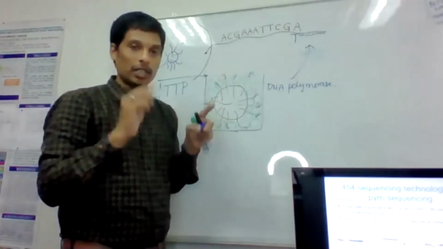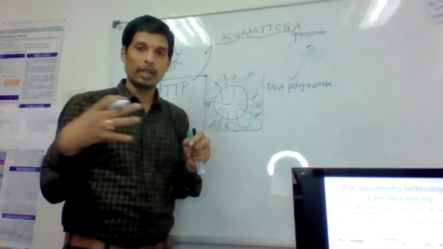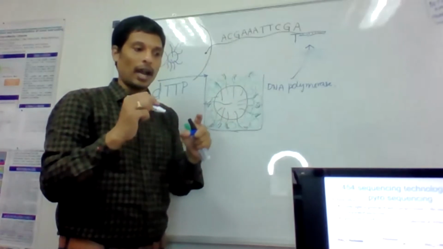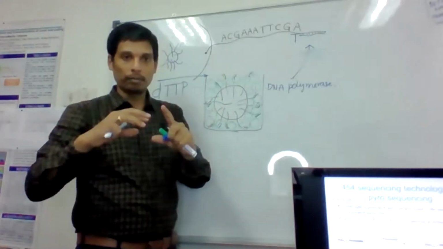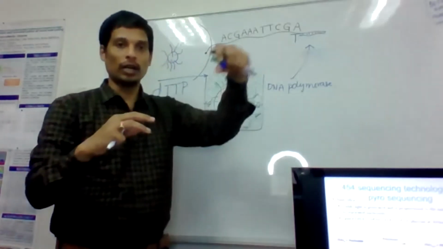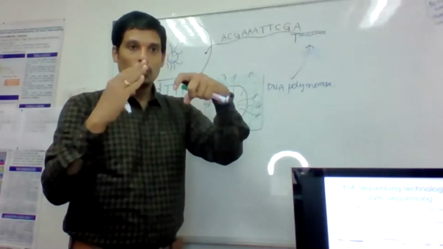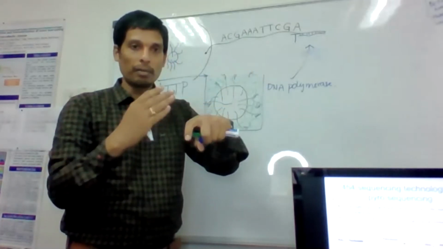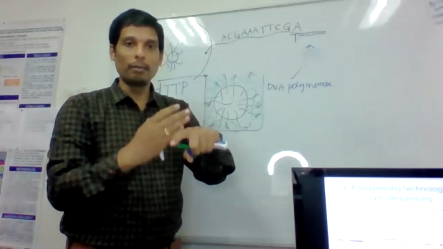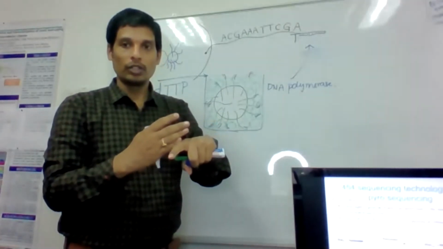If you understand the reaction, how the polymerization occurs, the 5' triphosphate will be added to the 3' hydroxyl to form a phosphodiester bond. During the phosphodiester bond formation, you remember the pyrophosphate will be released. Do you remember?